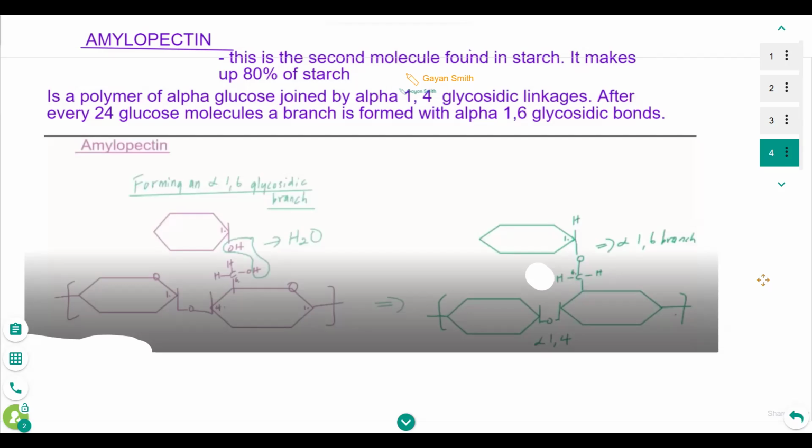All right, so let me show you a bigger structure, but I never wanted you to copy this, but it gives you better perspective.